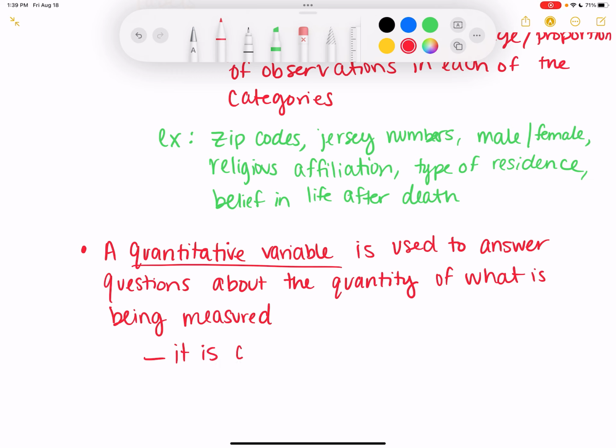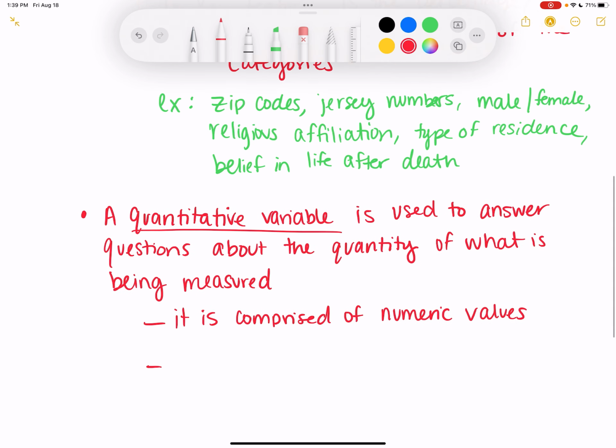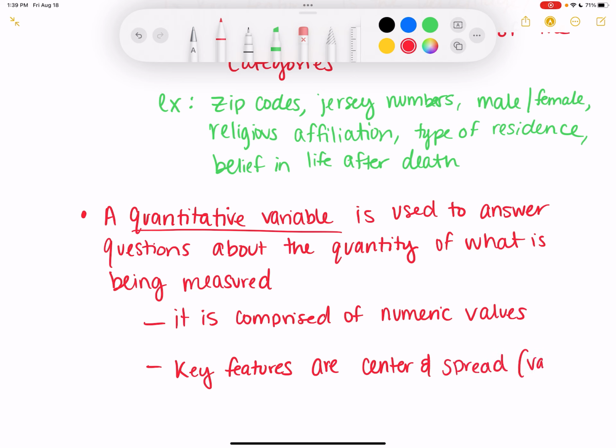It is comprised of numeric values. Key features of this one, actually plural, are center and spread. And spread would be like variability.